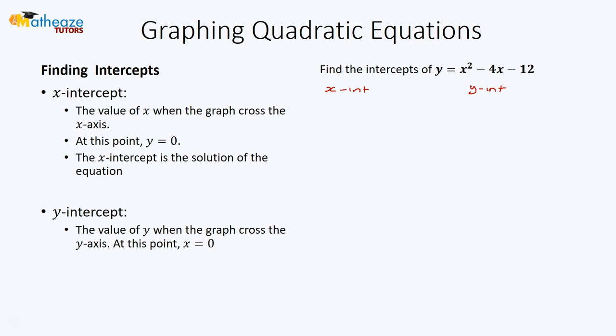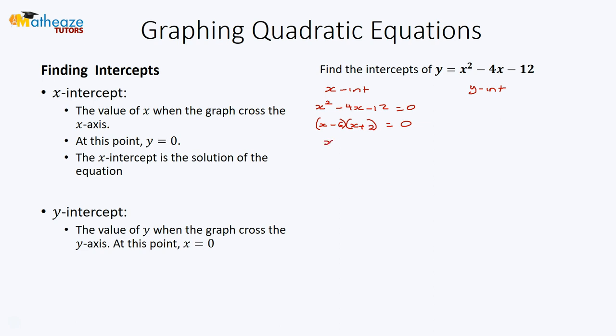So for the X-intercept, we have x squared minus 4x minus 12 equals 0. We're going to open up our parentheses here. This is going to give us x minus 6 and x plus 2.